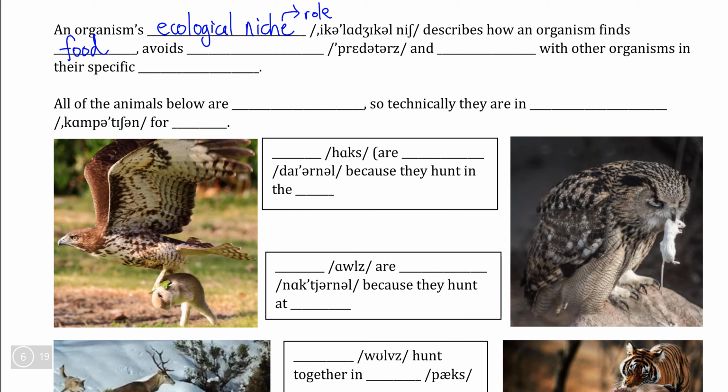But of course, unless you're an animal like a human, most other organisms will need to avoid being eaten, meaning that they'll need specific adaptations to avoid predators. And of course, there are more complex interactions that exist between different organisms that don't involve eating and being eaten, and these complex interactions determine what the organism's niche is.